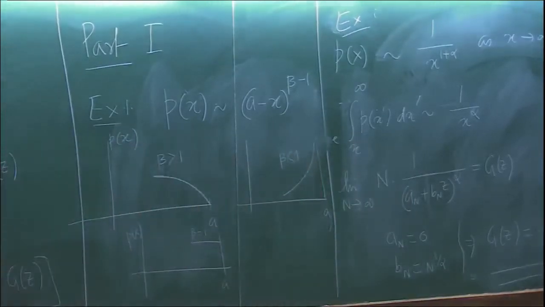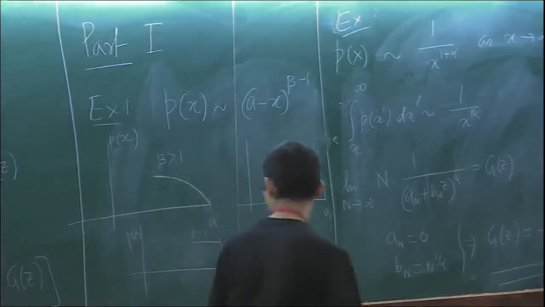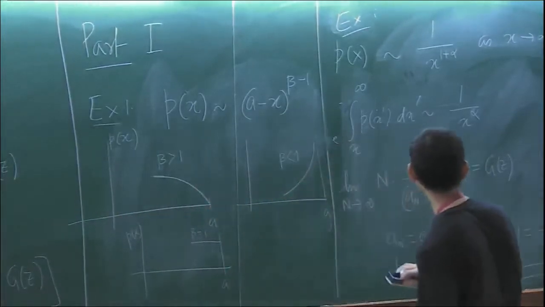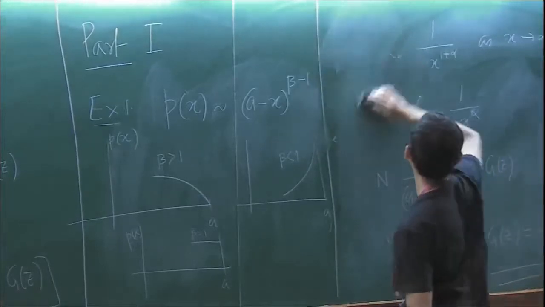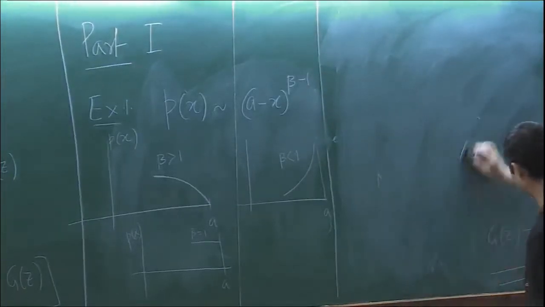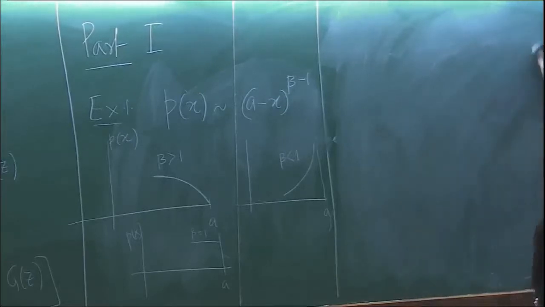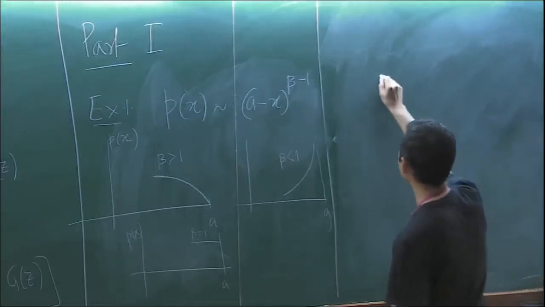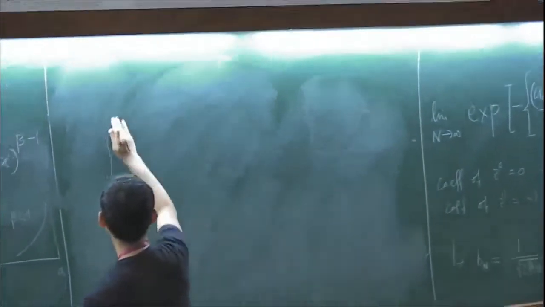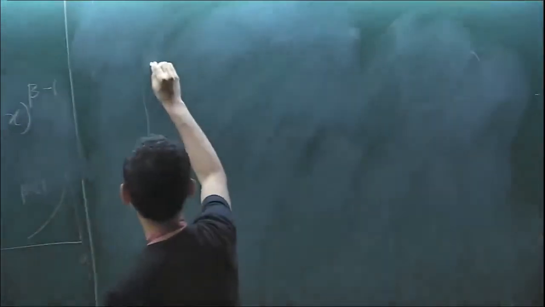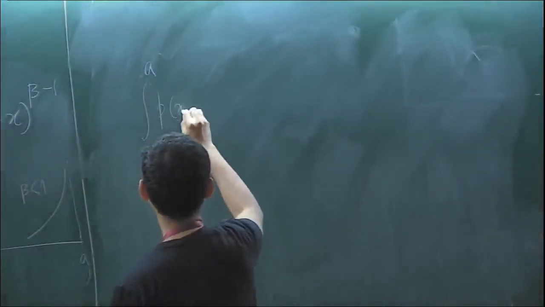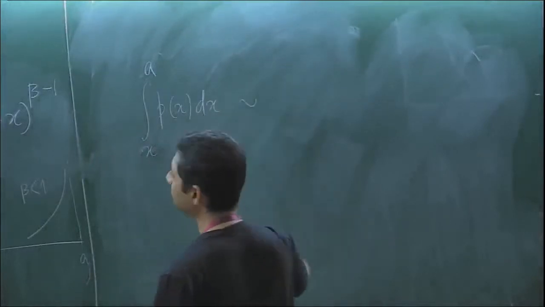Of course, now the upper limit is bounded by A, so what we will find is that the integral from x to A of p(x') dx' is just the integral of this function.